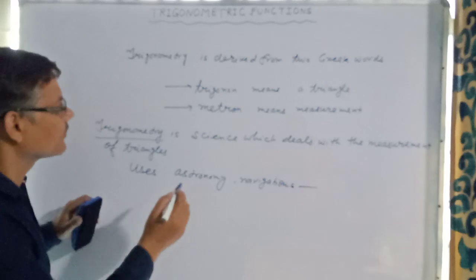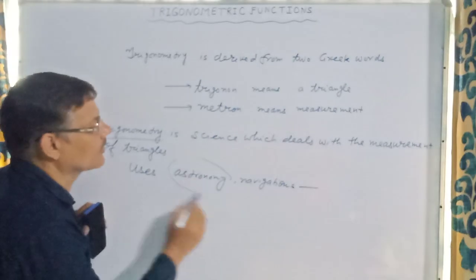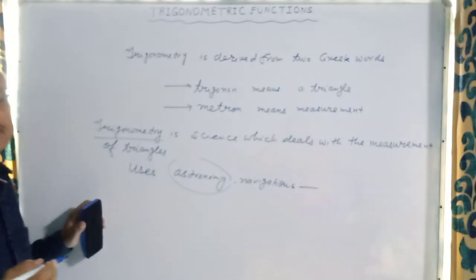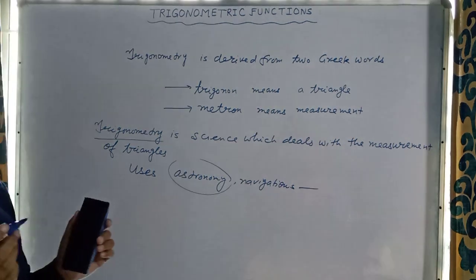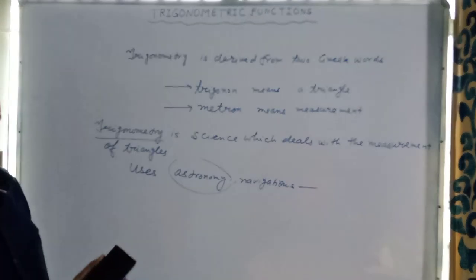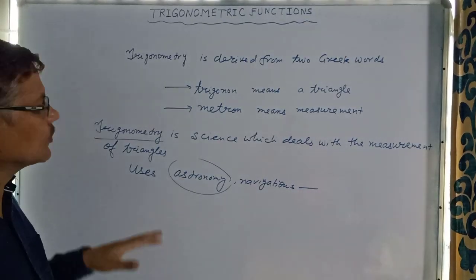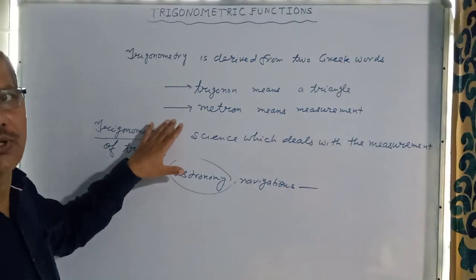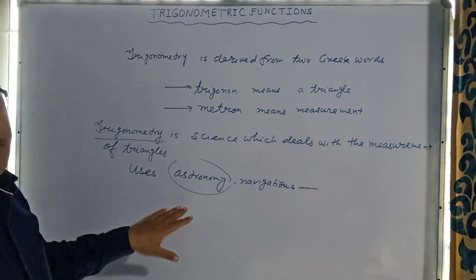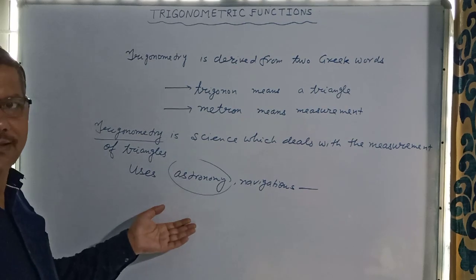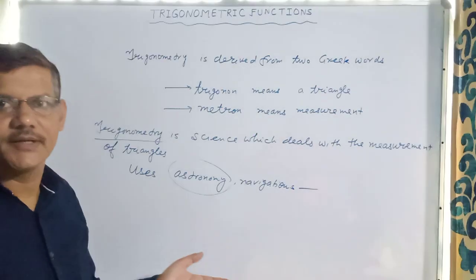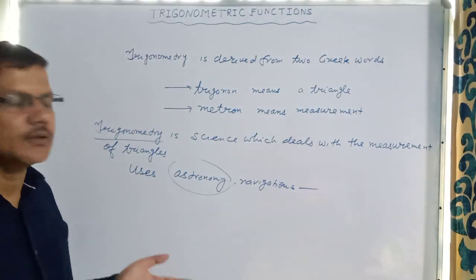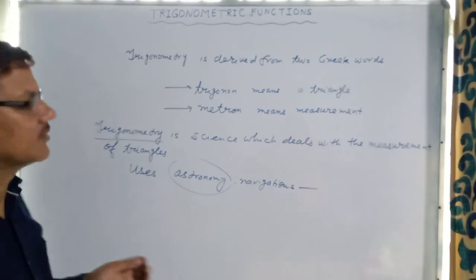Starting from astronomy, a great astronomer started the concept of trigonometry. So the earlier use of this branch of mathematics was only in the field of astronomy. Then after that it was used in the field of navigation. Now it is used in engineering and other purposes.